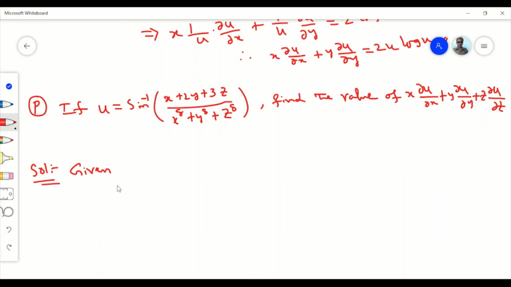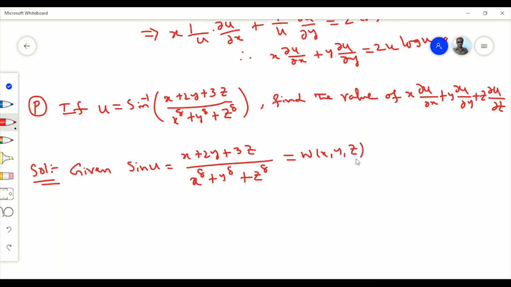Let us take the given function as sin u equal to x plus 2y plus 3z divided by x power 8 plus y power 8 plus z power 8. So sin inverse of this thing is not homogeneous, but the inside thing is homogeneous. You name it as w of xyz.